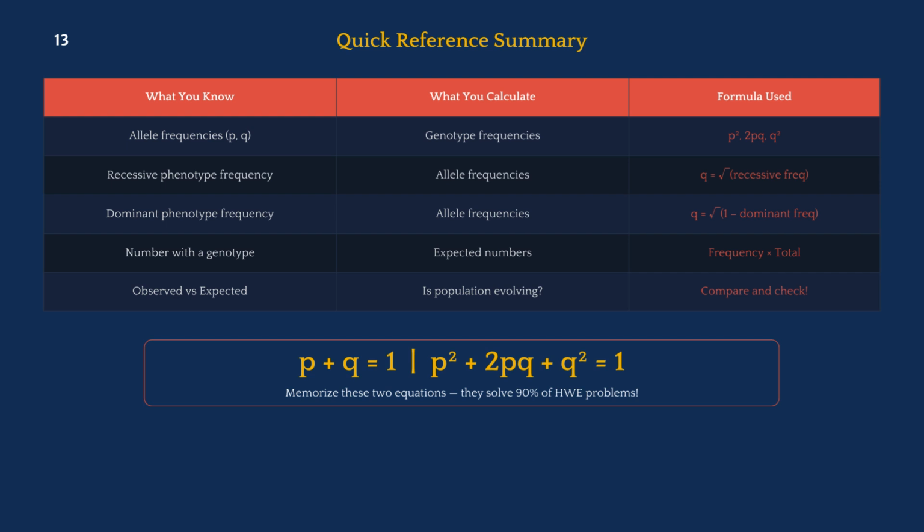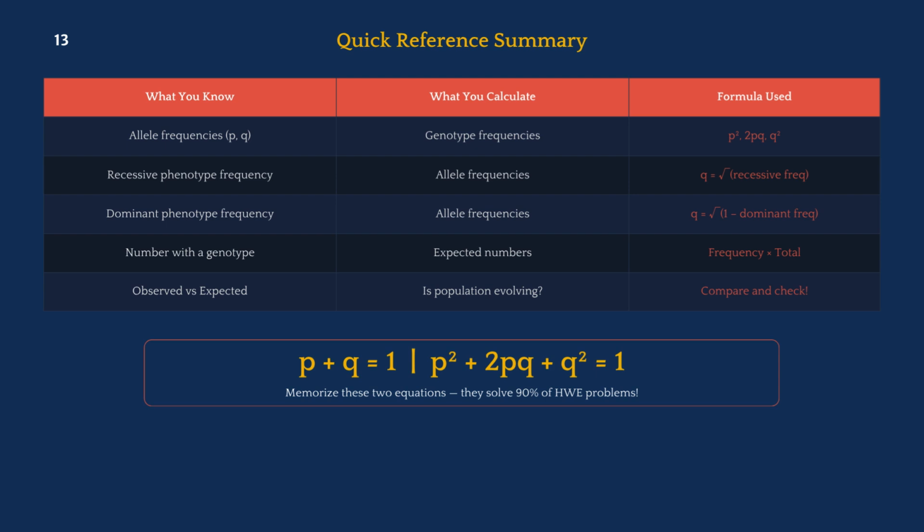If you know the dominant phenotype frequency, first find Q squared by subtracting it from 1, then calculate Q. And if you were given the number of individuals with a genotype, simply use frequency times total population to find the expected number. To check whether evolution is happening, compare the observed values with the expected values.